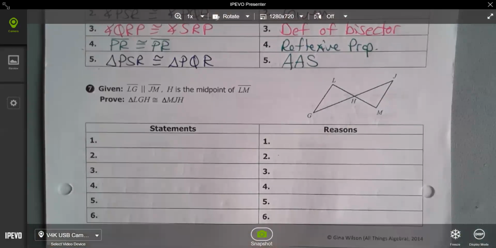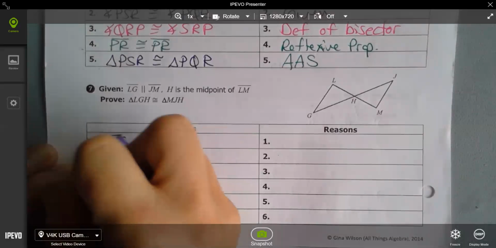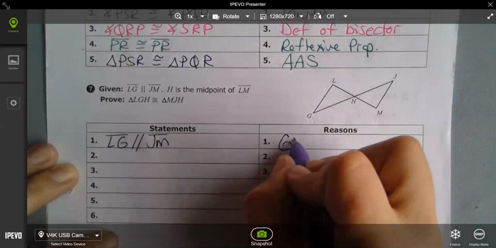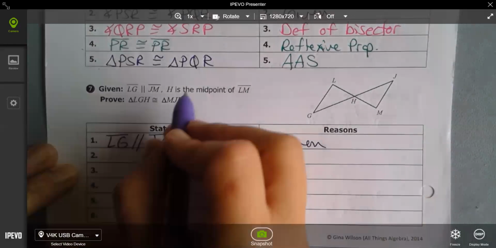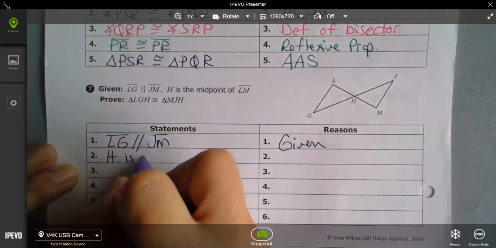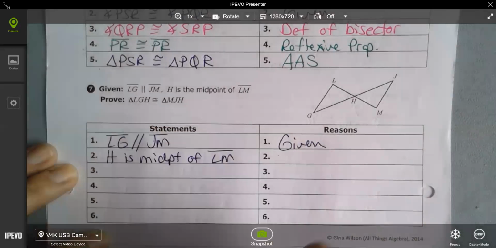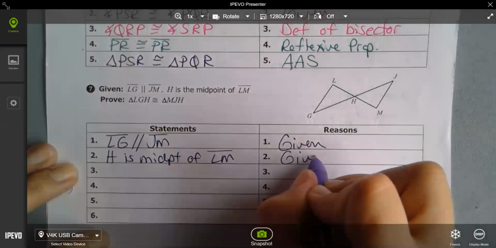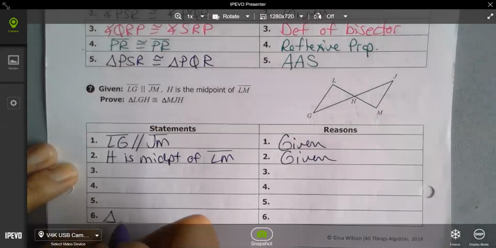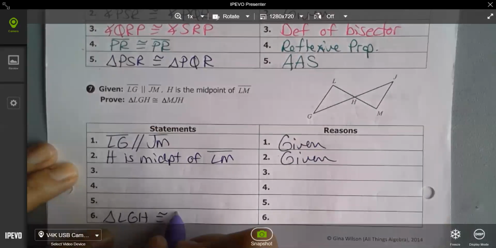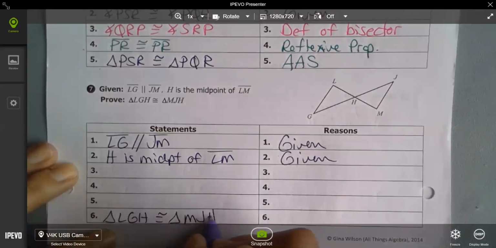All right, let's do it. Number 7. It says LG is parallel to JM, given. It says that H is the midpoint of LM, given. And then at the end, triangle LGH is congruent to triangle MJH.